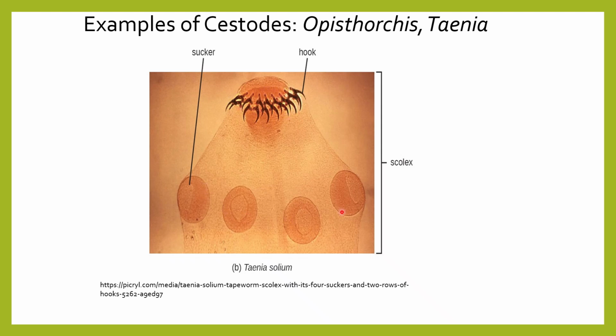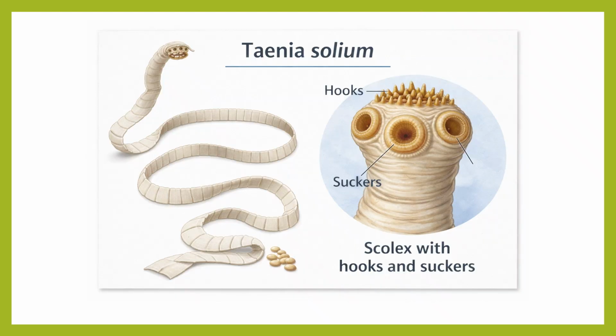You can see that there are four true suckers, and these act as organs of attachment. Taenia solium anchors to the intestinal mucosa with the help of the scolex. So this is also an image of Taenia solium showing the scolex part with hooks and suckers.